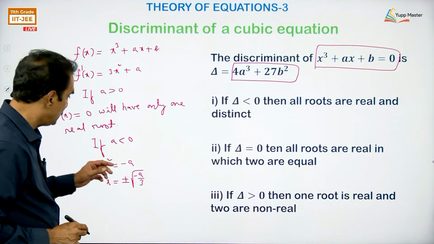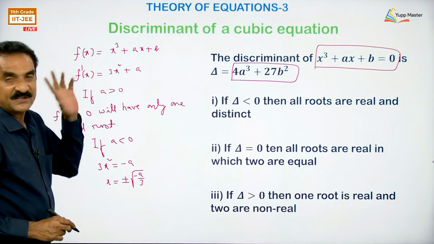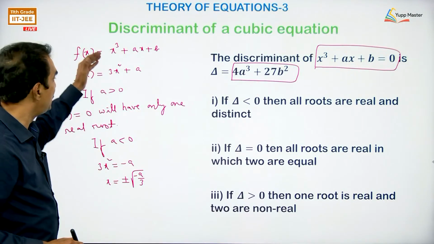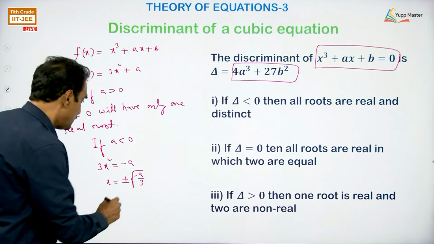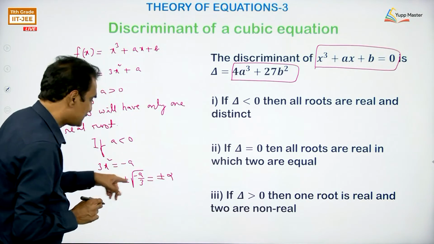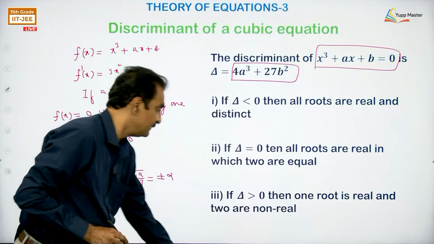Okay. Now, at these two roots, f dash x is 0. So, at the smaller root, f of x will attain the maximum value, and at the larger root it will attain the minimum value. For our convenience, let us denote them by plus or minus alpha. Alpha means root over minus a by 3.